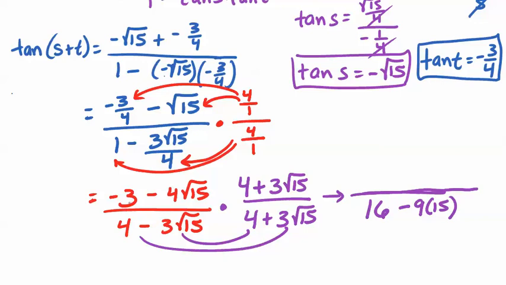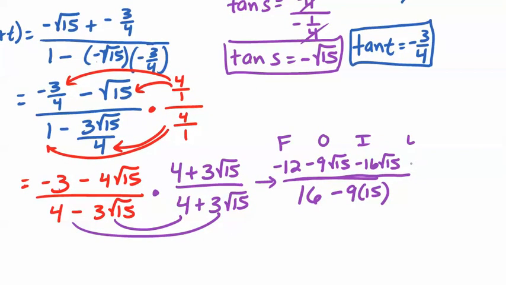Remember that FOIL is really just each term multiplied by the next. So let me remind you of that. -3 times 4. The outside product would be -9 square root of 15. The inside product is distributing these two terms, -16 square root of 15. And our last product would be a -12 times 15, since squaring a square root gives us a 15.